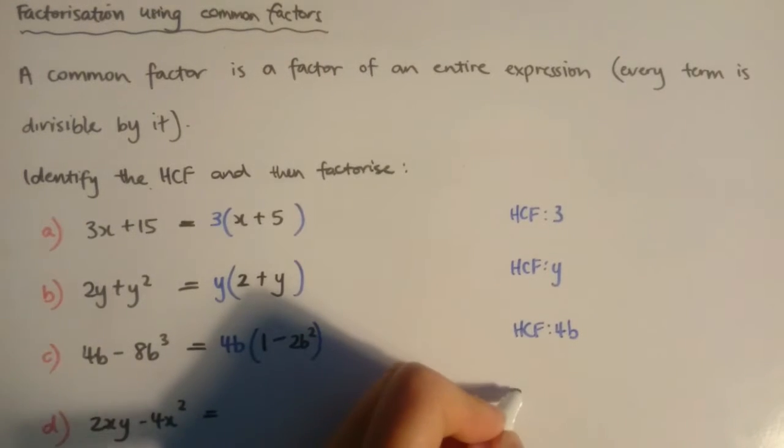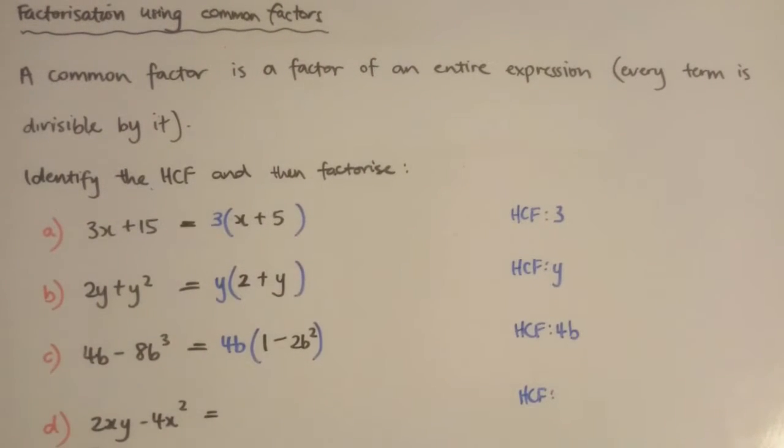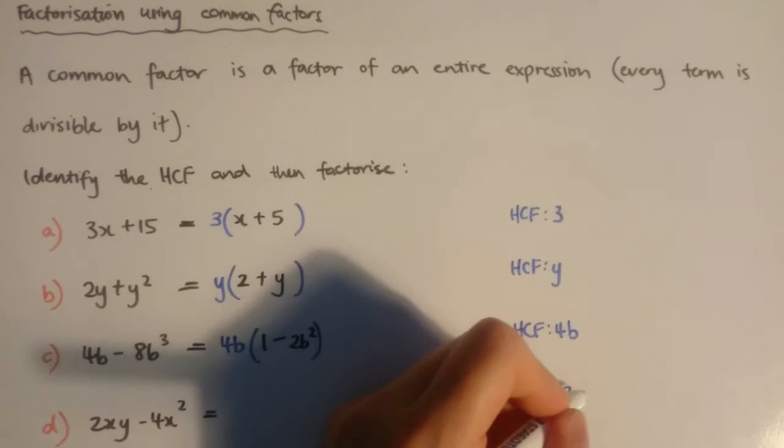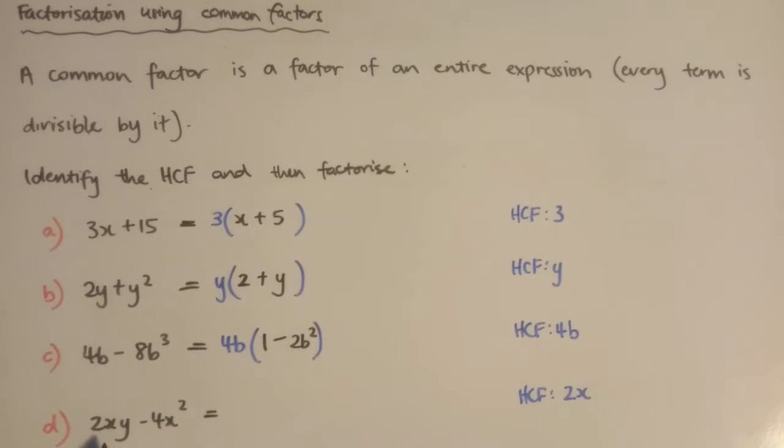Having a look at our last one, we've got 2xy and negative 4x squared. Again, we can see that 2 is a common factor, and if we look at the pronumeral part, x is also a factor. You've got an x and x squared there, a y there, no y's there.